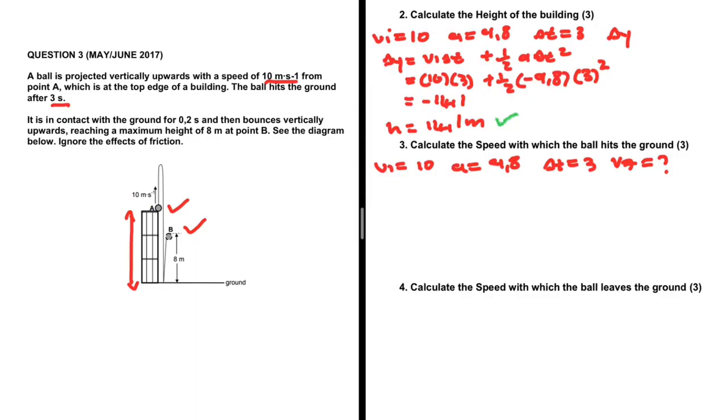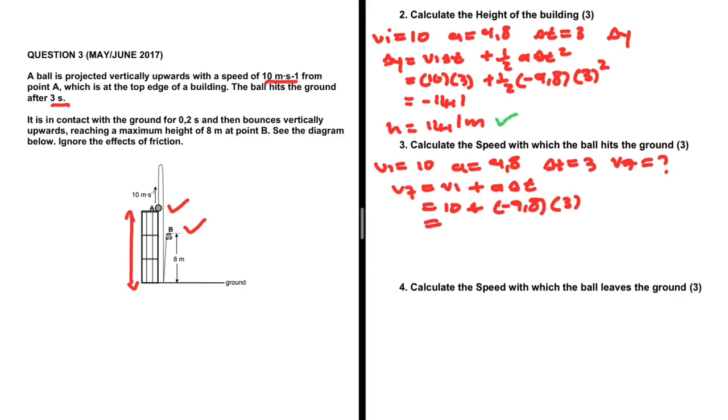Okay, with these four variables, pretty much straightforward, right? Doesn't get easier than this. We are going to have vf being equal to vi plus a delta t. Vf is what we're interested in. Vi is 10, the acceleration is minus 9.8, and the time is 3 seconds.